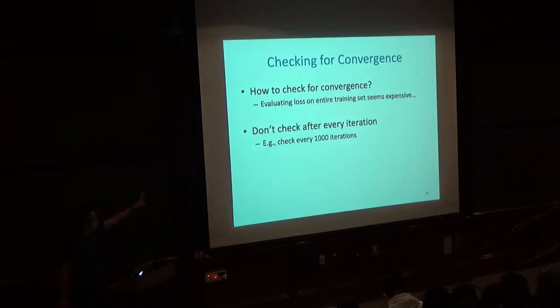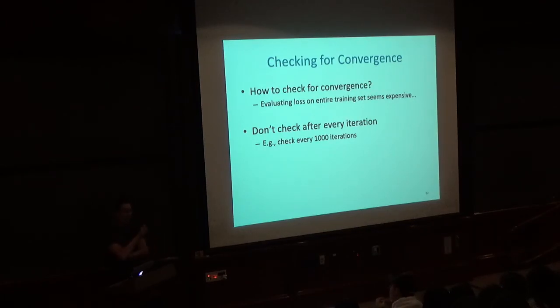That seems kind of silly in terms of computation. So in practice, when people do stochastic gradient descent, you don't check for convergence after every iteration. You don't write a for loop over your validation set saying, have I converged, yes or no, after every iteration. People do things differently. Some people check every 1,000 iterations. Some people check every 1 million iterations.